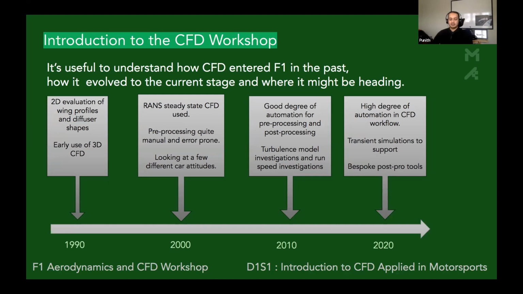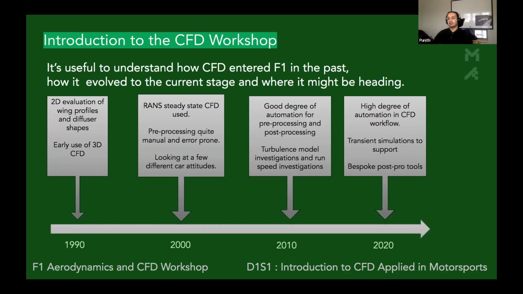I think Sauber were one of the first ones. They had a supercomputer, a pretty powerful one at that time, and I'll show you some interesting things from there. But everything took a long time, because pre-processing was intense. It took a lot of manpower, not a lot of automation, and was error prone as well.